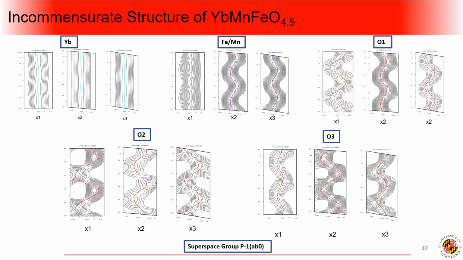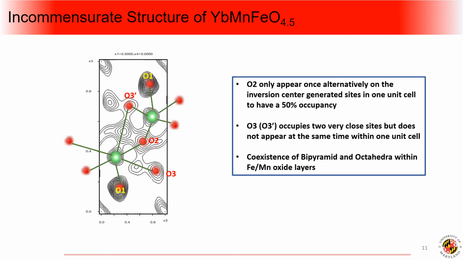Then we refined the modulation curves for each of the atoms in the structure with the superspace group approach, and we find the strongest modulation happens on the O2 and the O3 atoms. Of course, for this part I could spend a lot of time elaborating the modulation curves, but I don't have time, so I will just give you the conclusions we draw from the analysis.